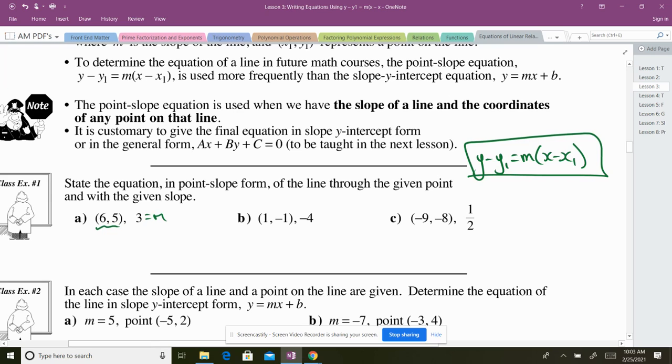What is the equation of that line? Just plug it in for x1, y1, and m. So y minus, what's my y1? 5 equals m, which is 3, times (x minus 6). There's the equation of the line.